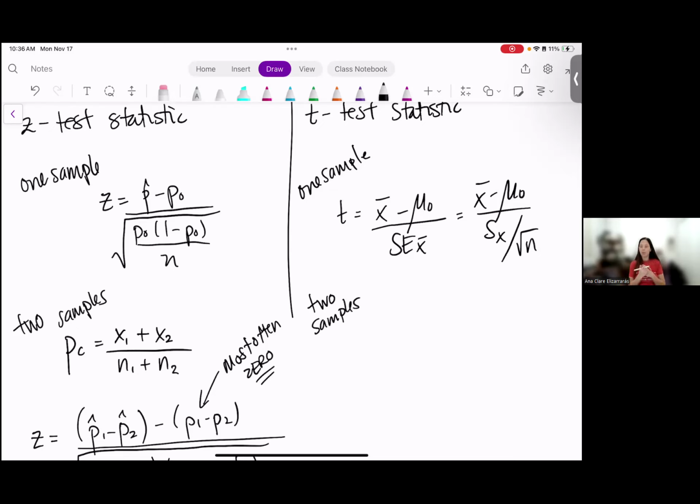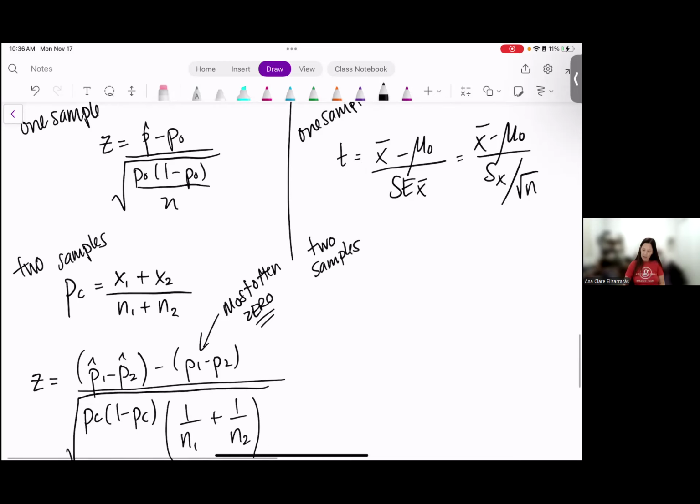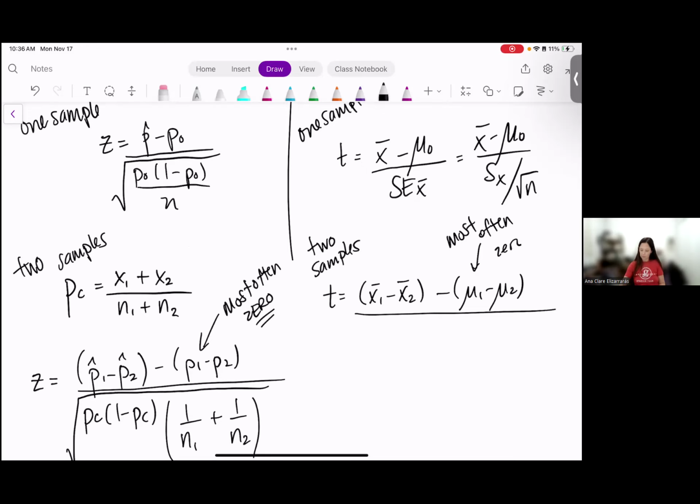We don't have a combined value like we did for proportions, but we have a t-score, and we're doing the difference of the statistics as with proportions, and the difference of the hypothesized values as with proportions. And again, this is most often 0. But then in the denominator, instead of having the standard deviation over root n, we need to do it twice.